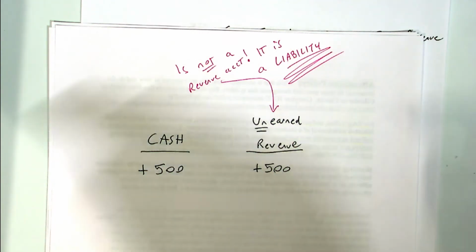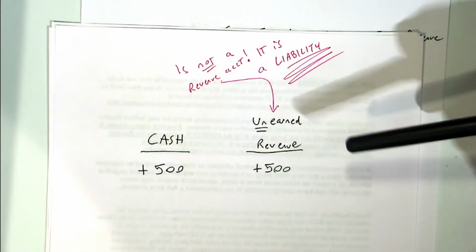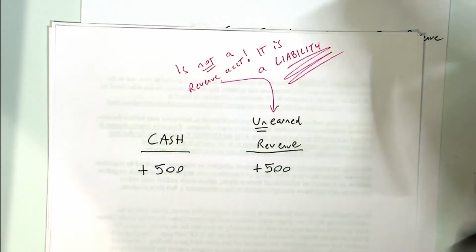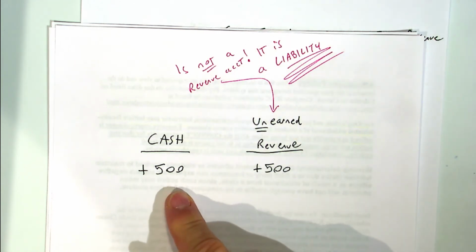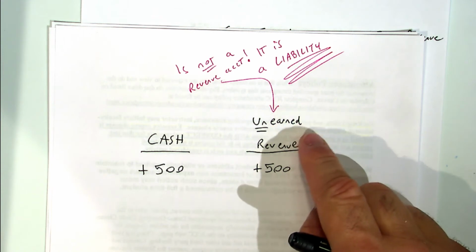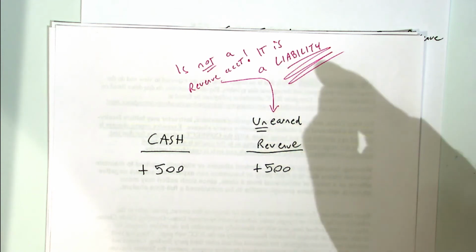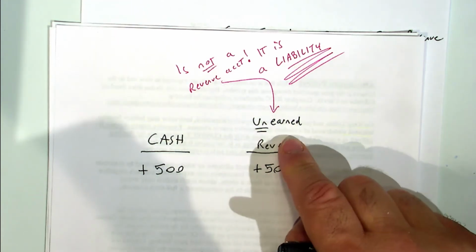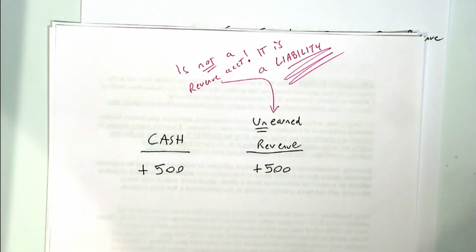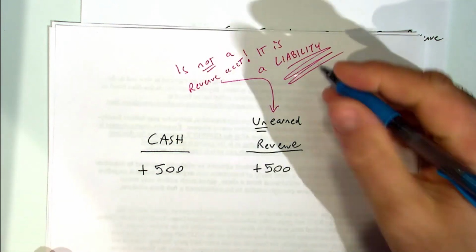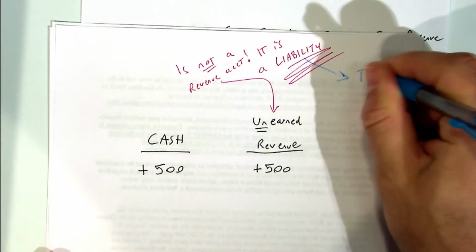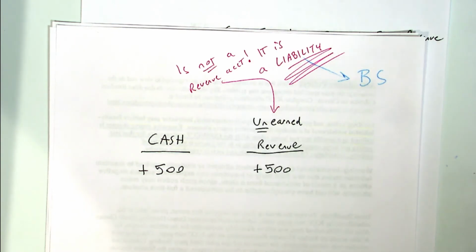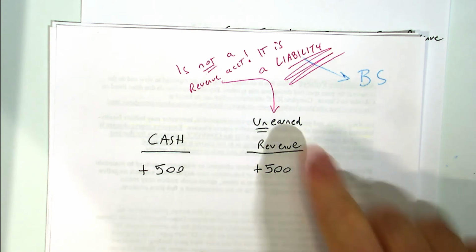Because think of that point from the Apple Store perspective. They owe you either the new iPhone or your $500 back, right? So unearned revenue. Now, I just told you that I call my revenues by revenue. That doesn't mean, though, that unearned revenue is a revenue. Unearned revenue is a liability. So what financial statement do liabilities go on? The balance sheet, correct? So where do you think unearned revenue goes?